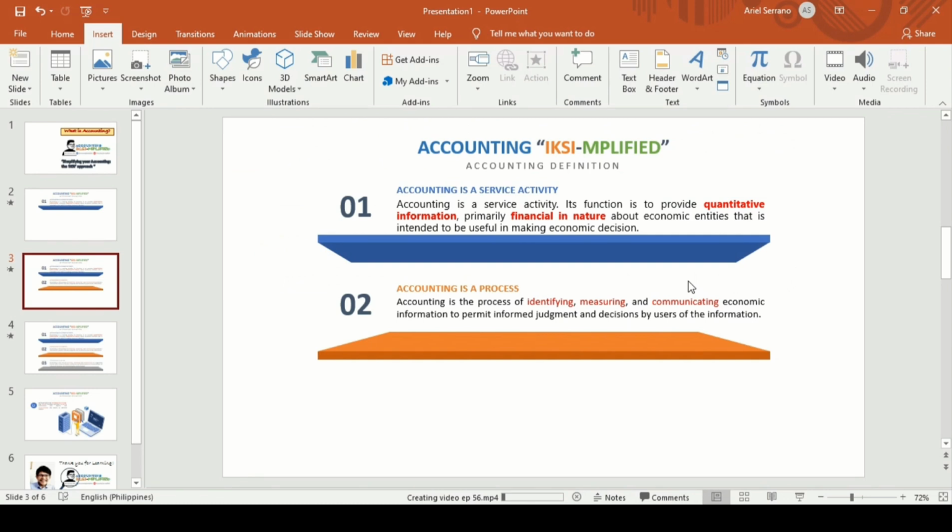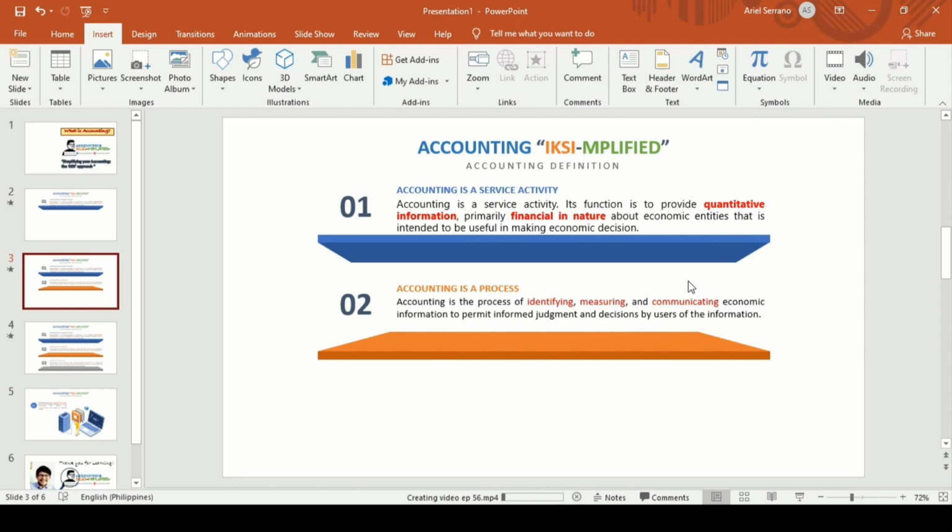Now, let me discuss what we mean when we say that accounting is a process. As you will be learning later on, we have the accounting cycle. When we are dealing with accounting, there is a process involved because we have to be organized in what we are doing, especially when we are accounting for the transactions that happen in the company on a day-to-day basis.